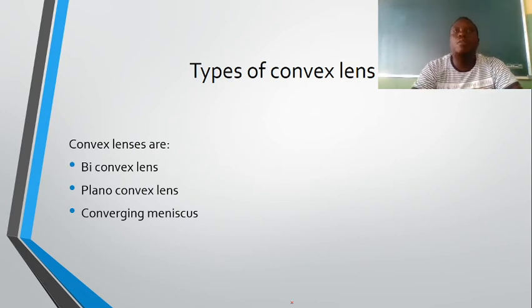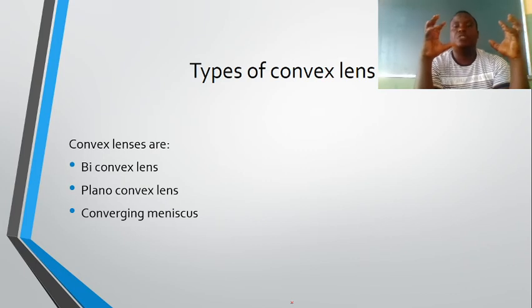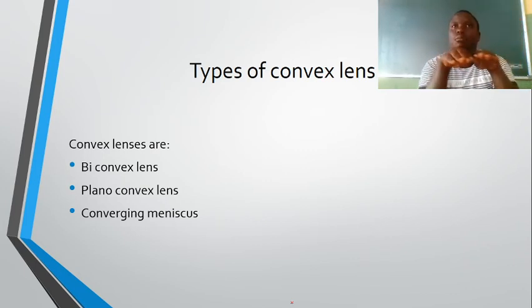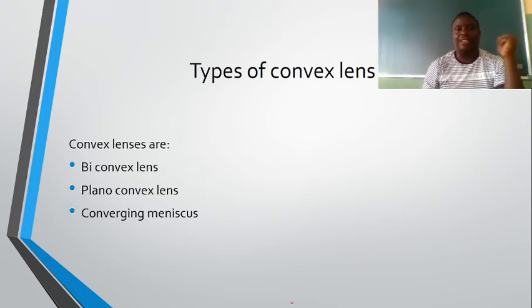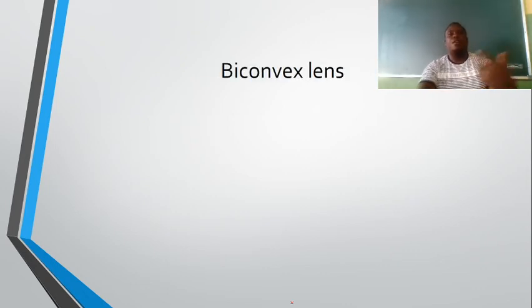Those are three common types of convex lens. Meaning in the main type, which is convex, there are some subtypes. Those subtypes are biconvex lens, plano-convex lens and converging meniscus. So, biconvex lens, let's start with the first one.